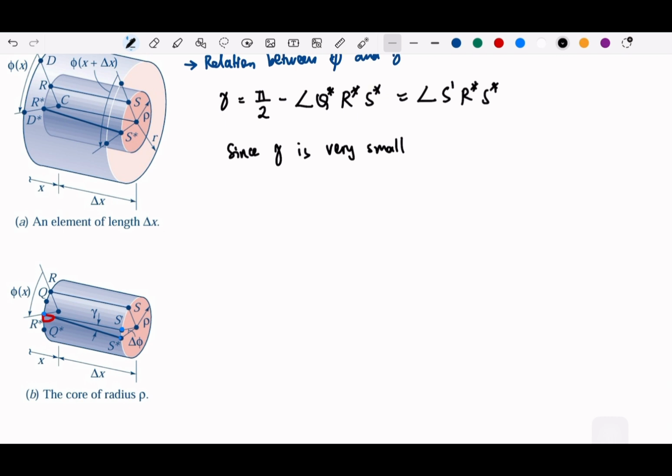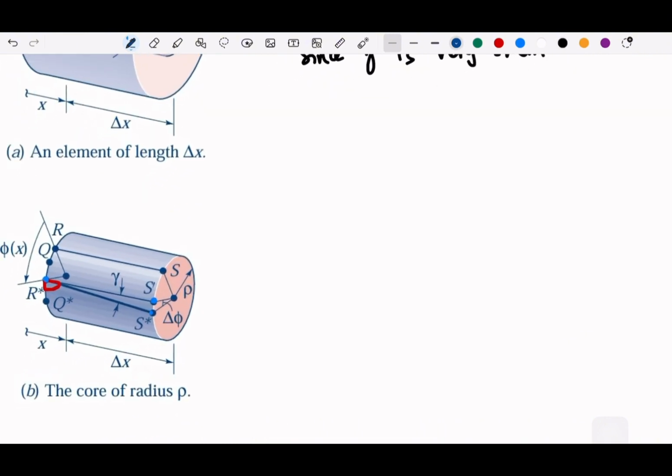So this is like a triangle, and we can draw this as a triangle. So this will be the shear strain.